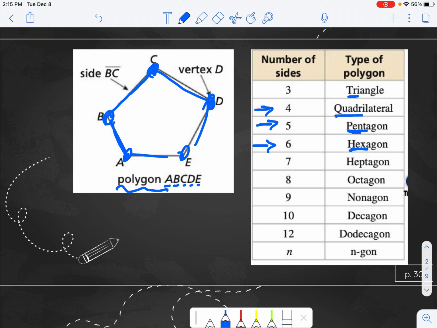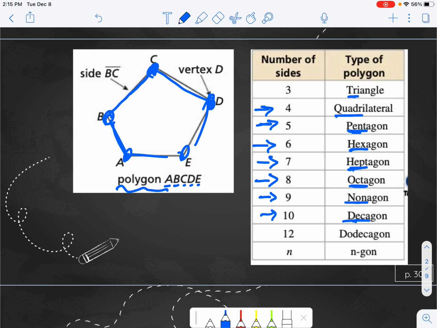Hexa, 6. Hepta, 7. Octagon, 8. This is where it gets a little bit tricky. Nonagon, 9. Decagon, deca is 10. Now this is where I can't even say them anymore.